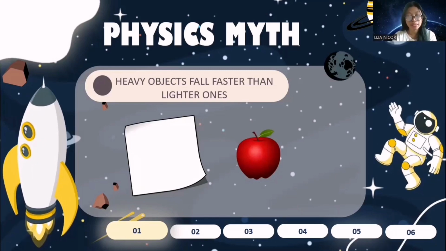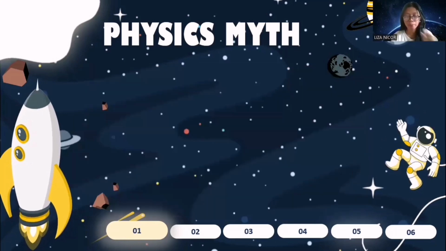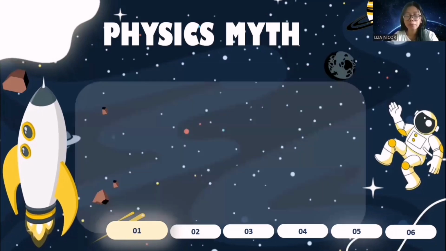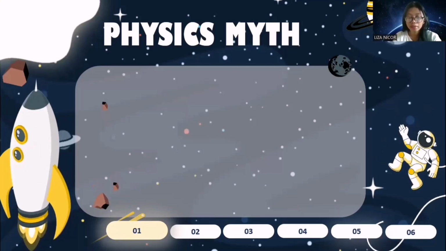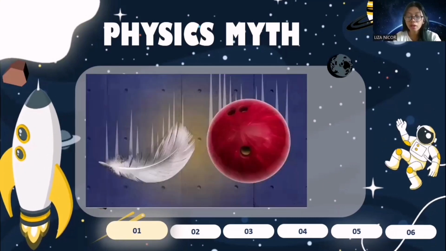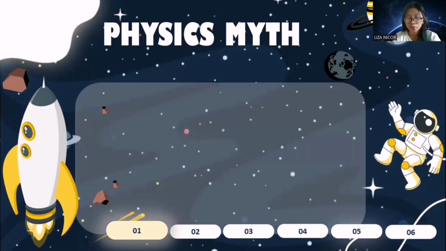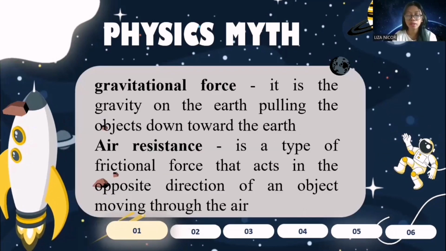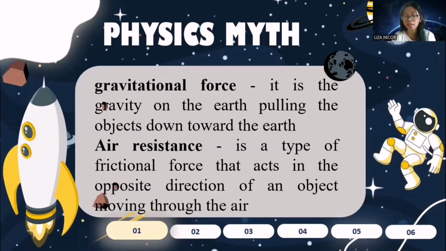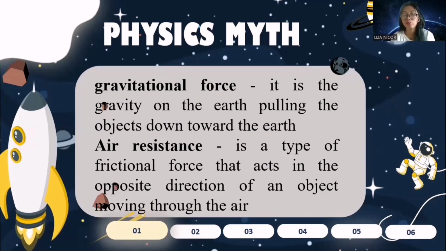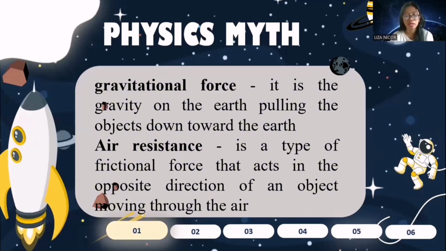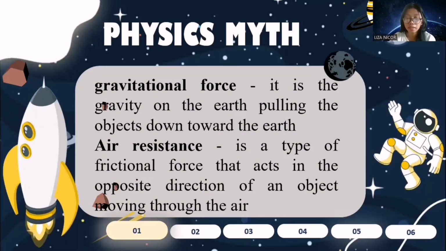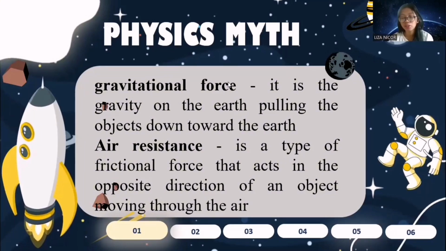Science explains the correct information regarding this topic. When an object falls to the ground from a height, it is the gravity of the earth pulling the object down toward the earth, and this is called the gravitational force.